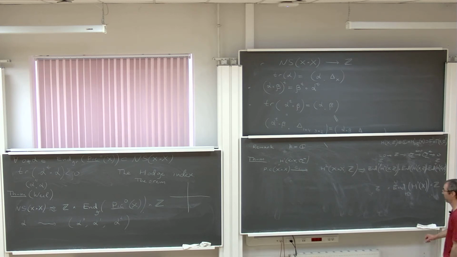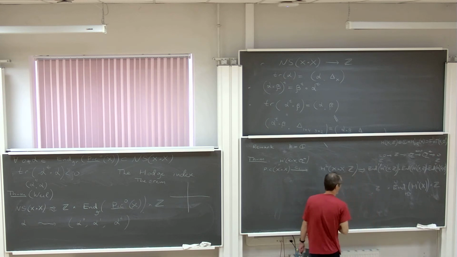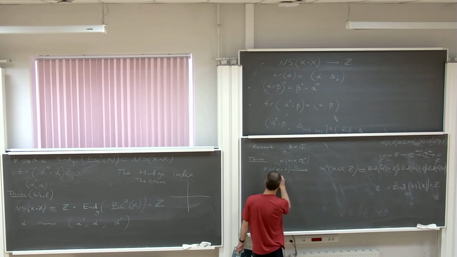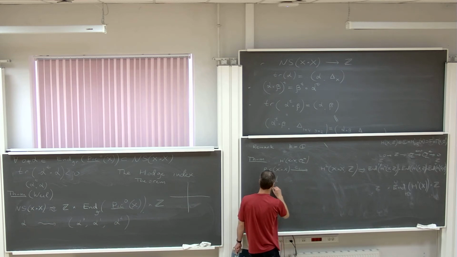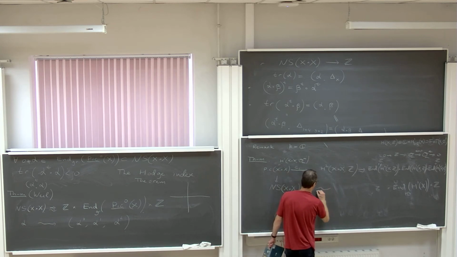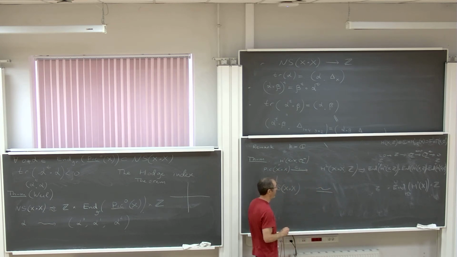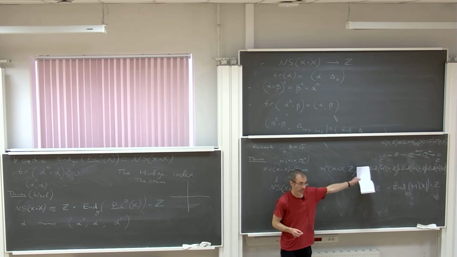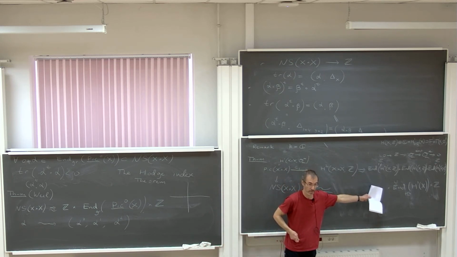So this is the theorem, and now I am ready to state it. The theorem asserts that this map factors through the Néron-Severi group of X times X, and it induces an isomorphism. So first of all, this Chern class map factors through the Néron-Severi group, and it induces this isomorphism.